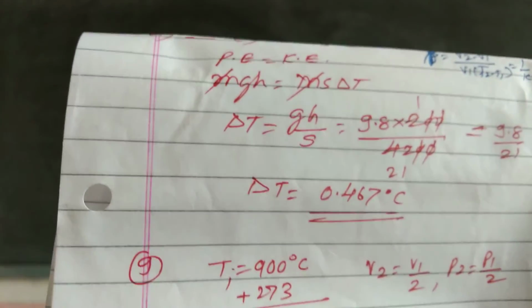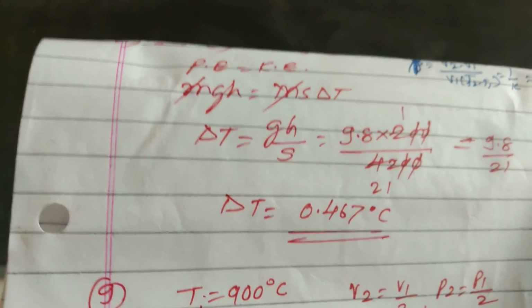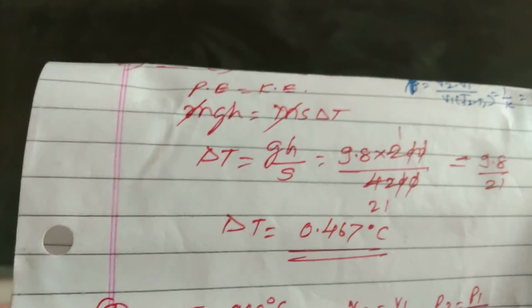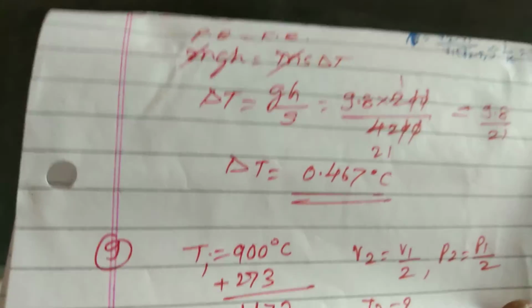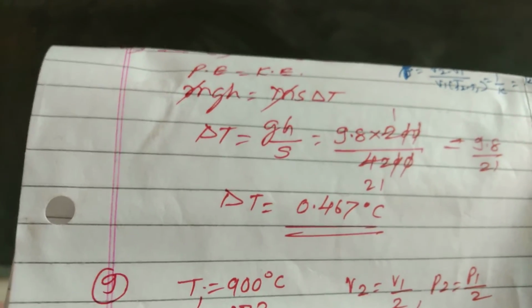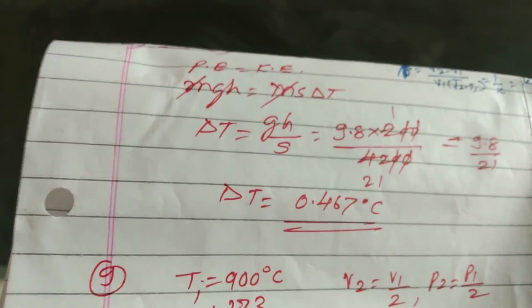We know potential energy is converted to heat energy. Potential energy is given by mgh, and heat energy is equal to mass into specific heat into rise in temperature. Here we have to calculate the temperature difference, delta T. Both terms having m get cancelled, so we get the formula delta T equal to gh by s.